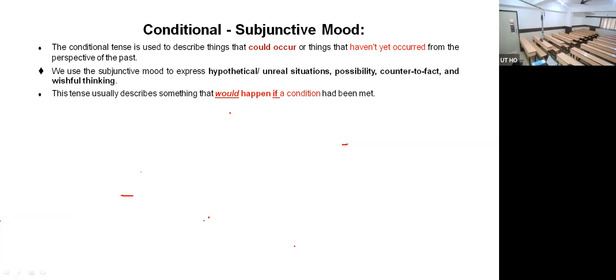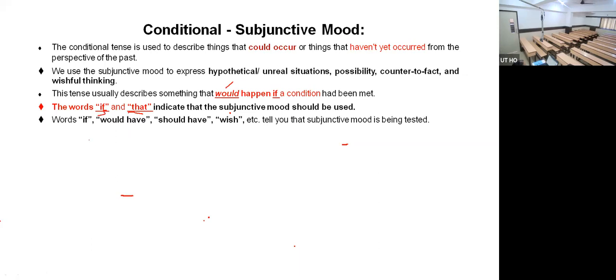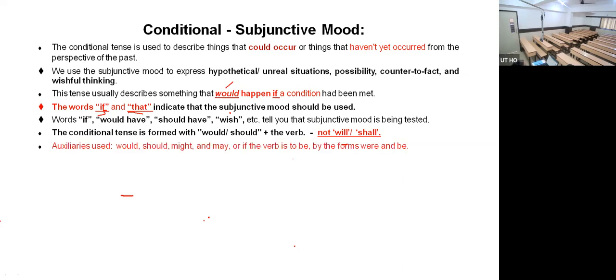So the structure of the sentence changes. Now, if you have if and that coming up, it would be accompanied with would have or should have or wish, and you will never ever use will or shall. So it is something that is absolutely hypothetical, nothing definite about it.